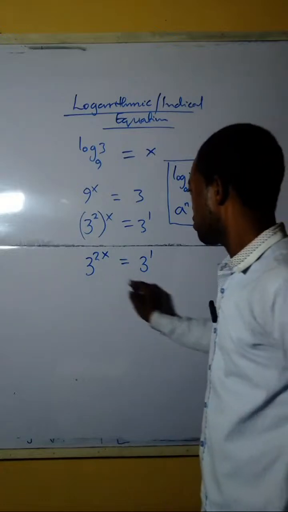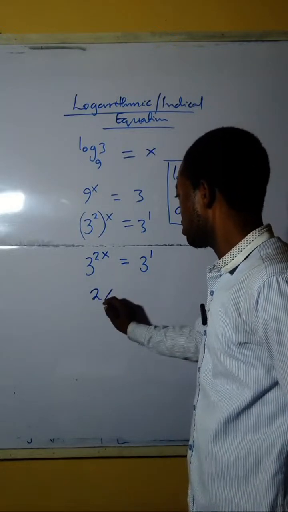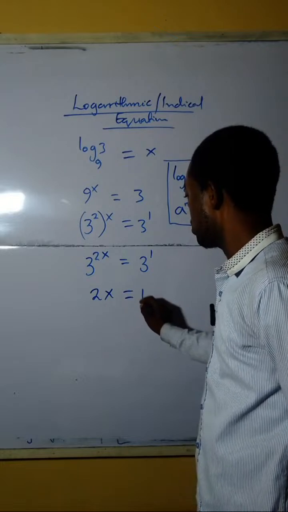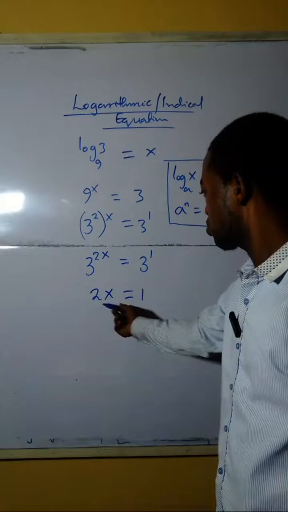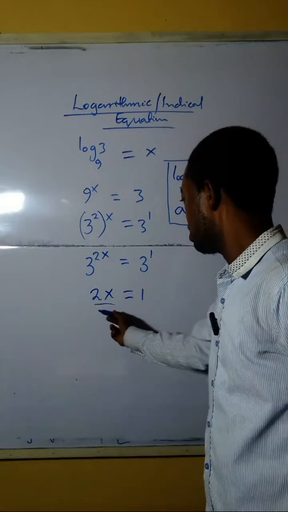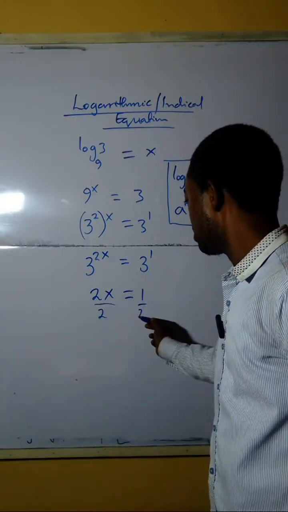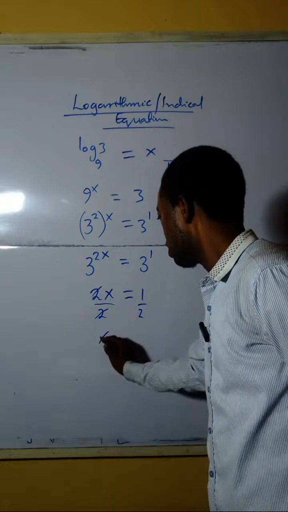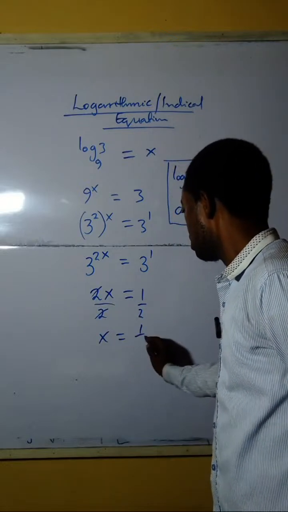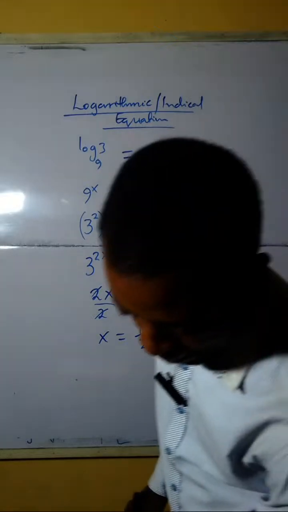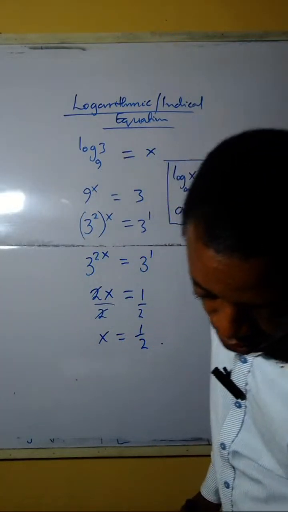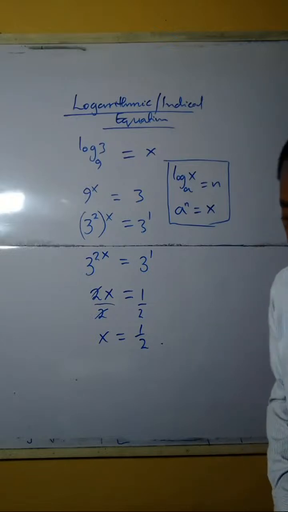Then the bases are equal, so we have 2x equals 1. Then to get x, we divide both sides by 2. The 2s cancel each other, and we have x equals half. So that is that. And also, let's look at another question here.